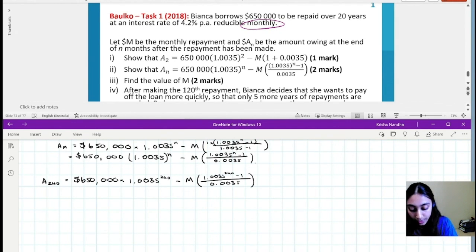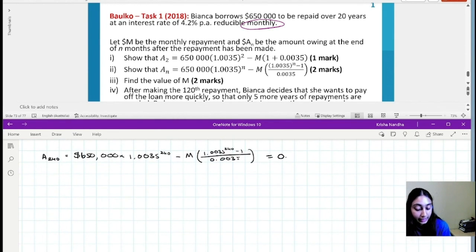And that, my dear friends, will be equal to 0, because An is the amount of money owing at the end of n months. So at the end of 240 months, at the end of 20 years, she should have fully repaid it. So the amount owing is $0.